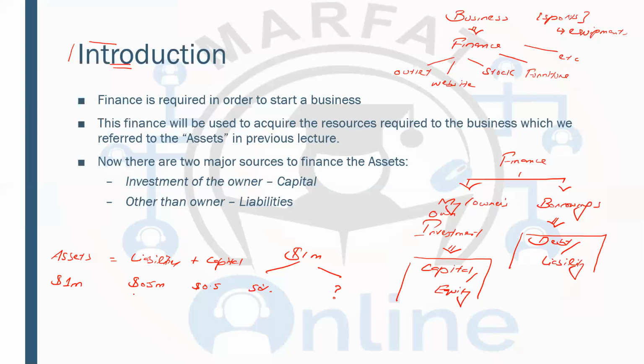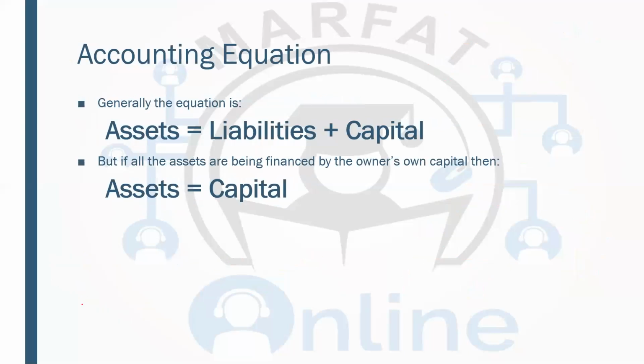So now you can see the assets of the business, which are worth 1 million in total, have been financed by two sources: half from my own capital and the remaining from the liabilities. That is why this equation is assets is equal to liabilities plus capital.